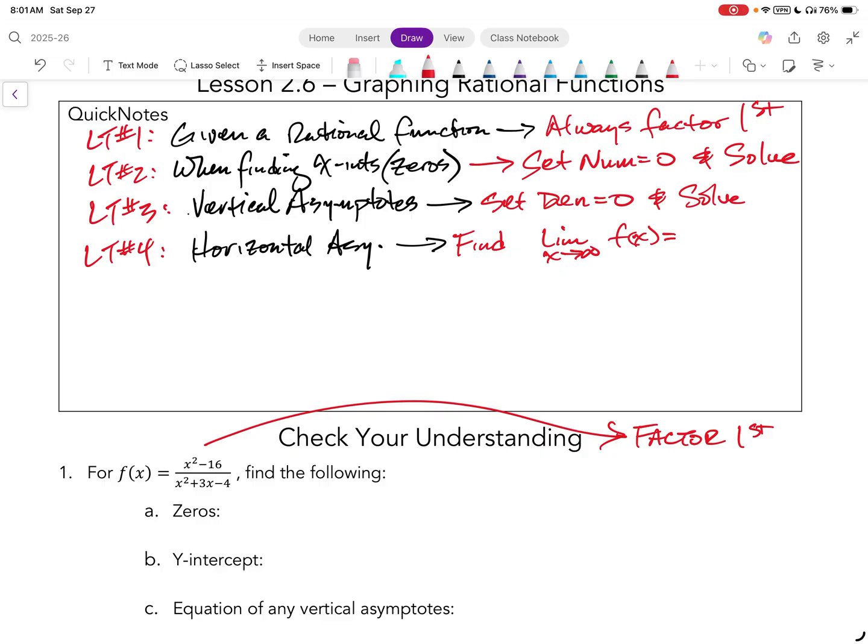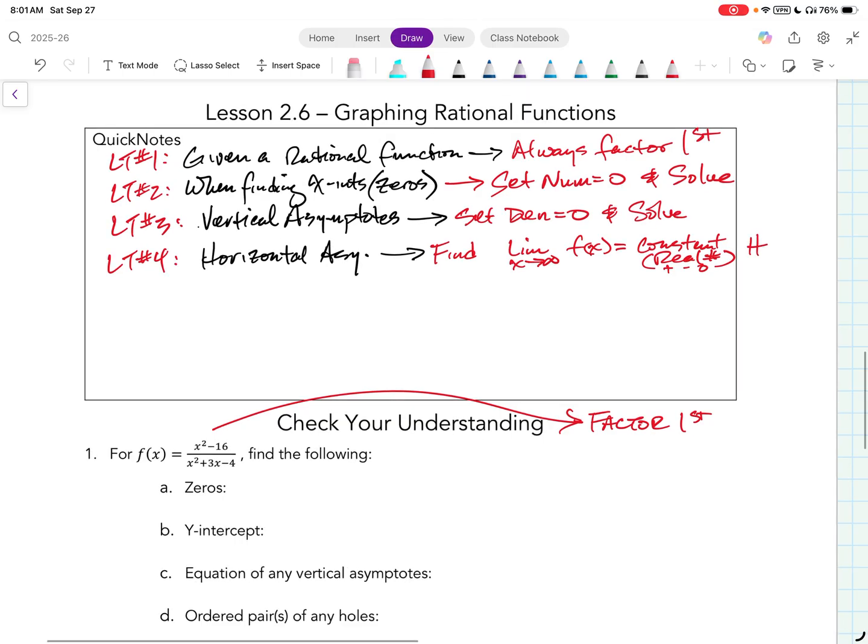If it's equal to a constant, when I say constant, I'm talking about a real number, positive, negative, or 0, and you don't get infinity, then you have a horizontal asymptote. And the horizontal asymptote, in general, is y equals whatever that constant is.